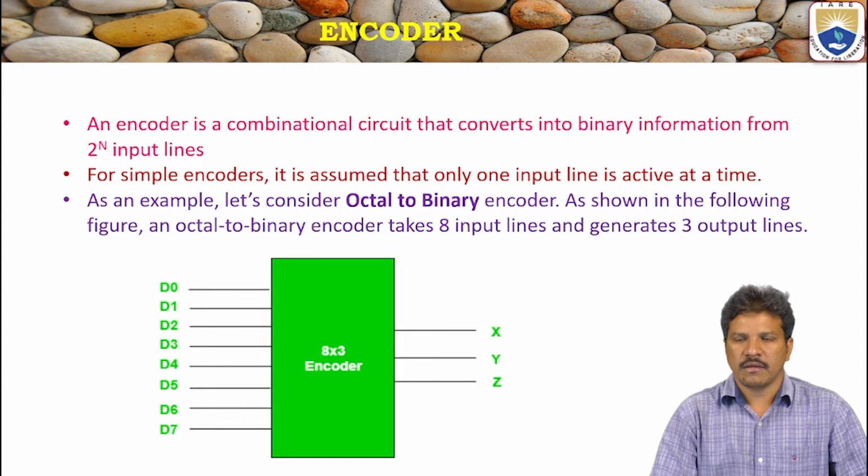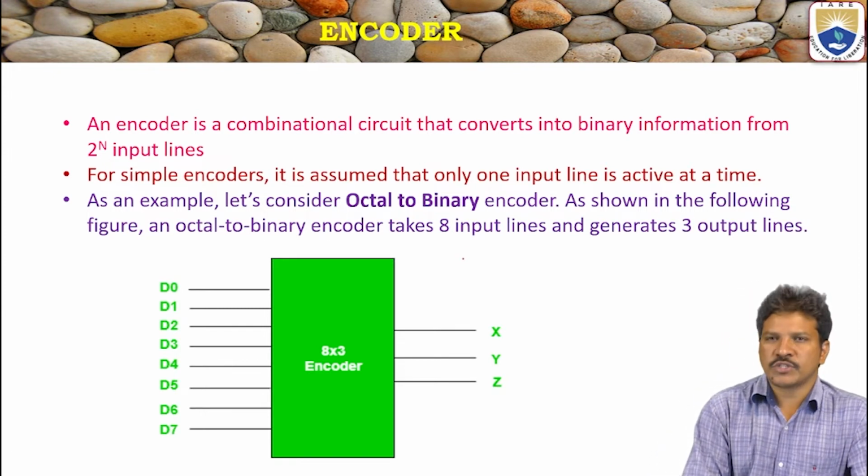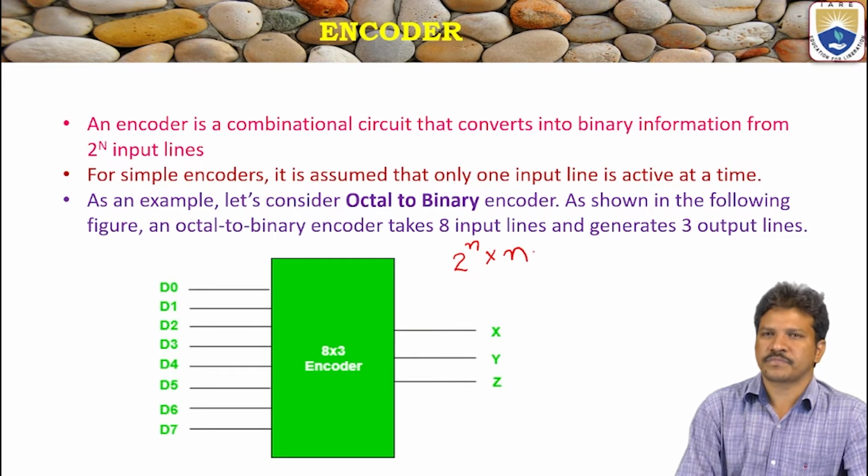The inputs are represented by different elements which will be converted into binary information. The encoder is most probably represented by 2 power n input lines to n output lines.